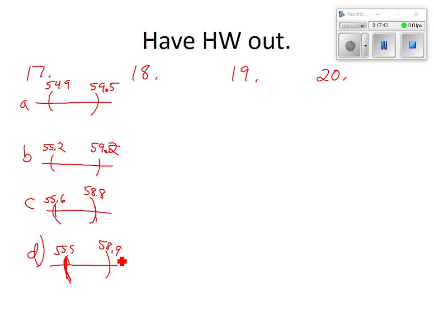All right, when you're looking at these confidence intervals, the wider your confidence interval, so the more spread out it is, the higher your percentage of confidence. So if we wanted to do 100%, I might go from 0 to 1,000.